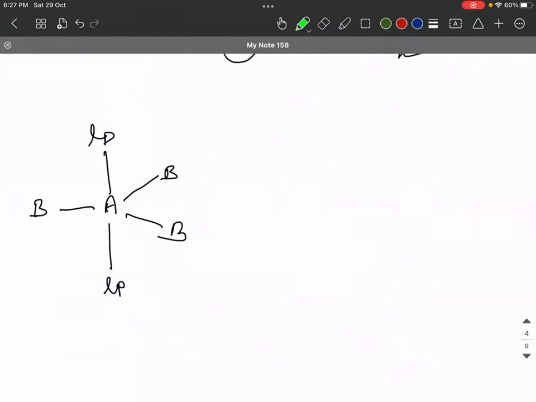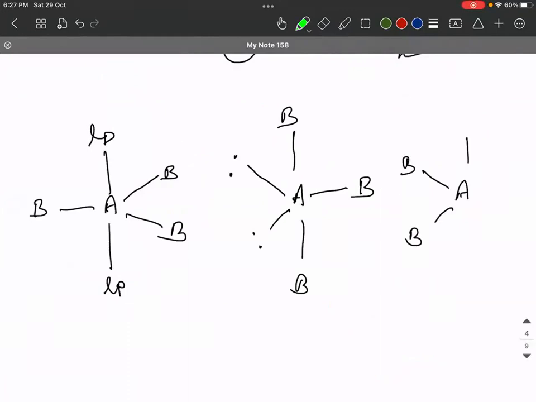What are the possible structures? A, B, B, B, lone pair, and then A, B, B, B, lone pair and lone pair. So these are the three possible structures.